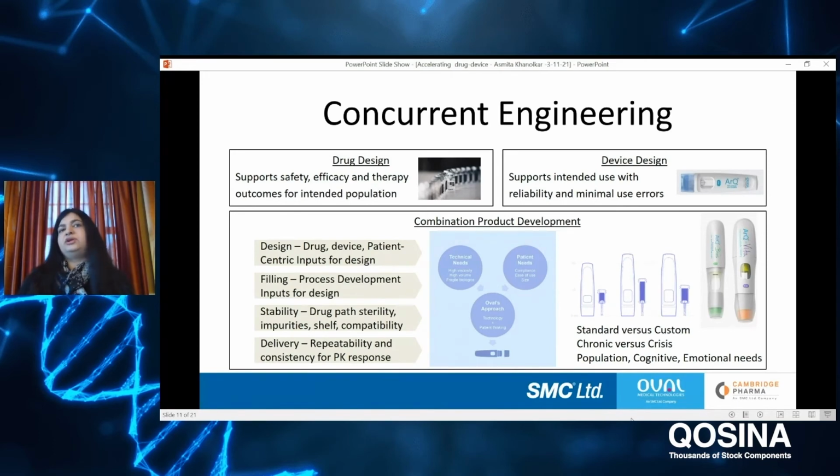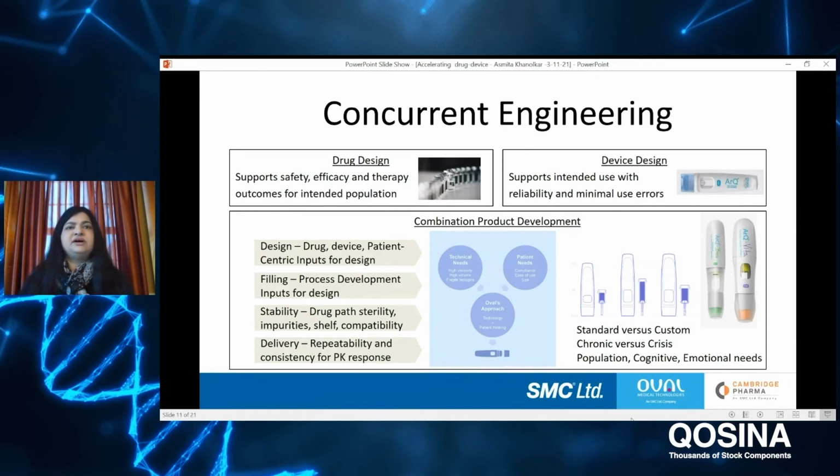First of all, what is the application? Whether you're designing for a chronic application versus crisis. Some of the factors that come into play are population considerations, some of the cognitive and emotional needs of the patients, and then driving that towards figuring out the path for the device design.